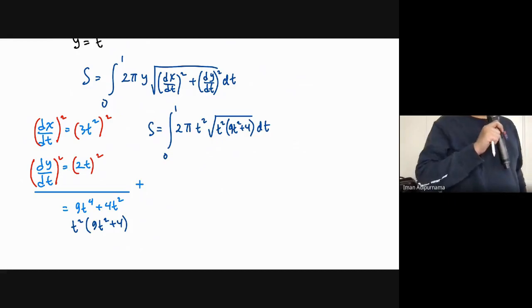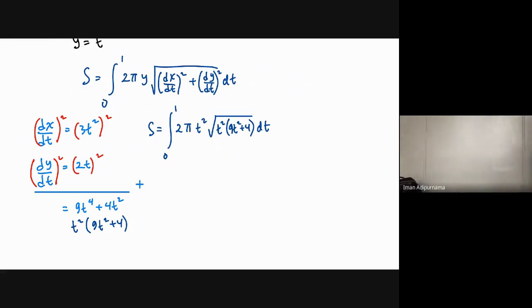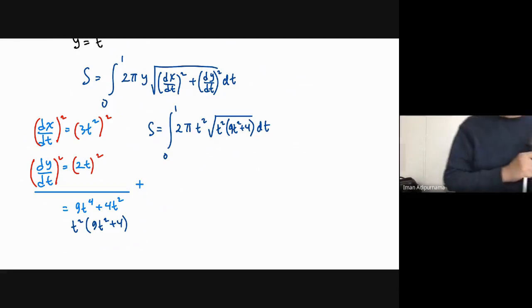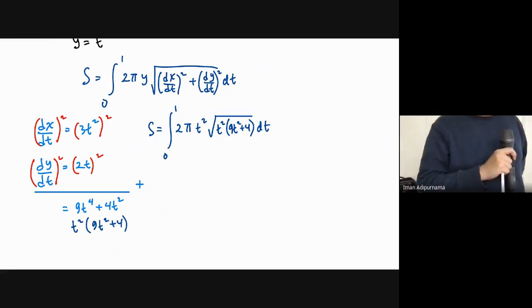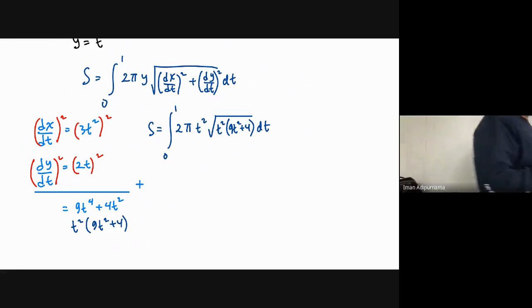Okay, any idea how to solve this? Any idea? Anyone find?